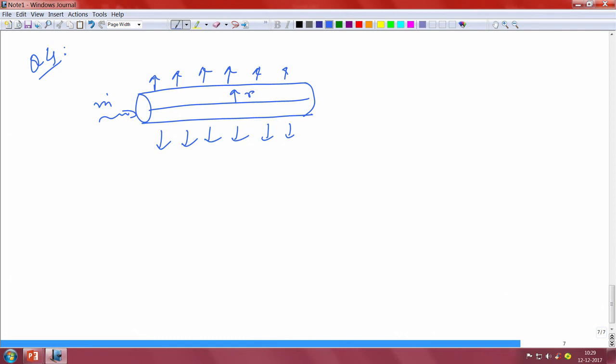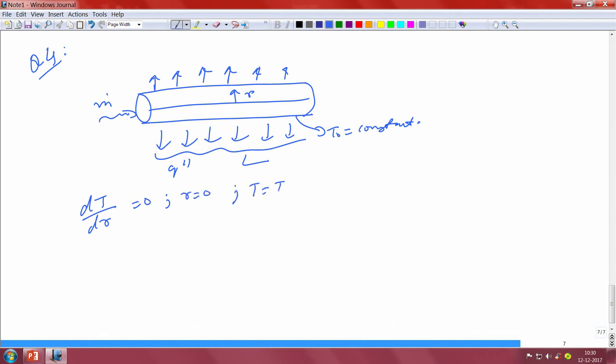T naught is constant. And Q prime is obviously the total heat through this entire length L. These are subjected to the boundary conditions dT by dr equal to 0 at r equal to 0 and T equal to T naught at r equal to r naught. These are the two things that are given.